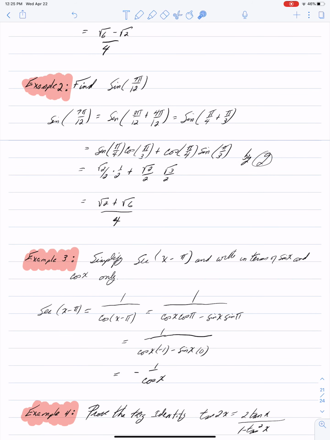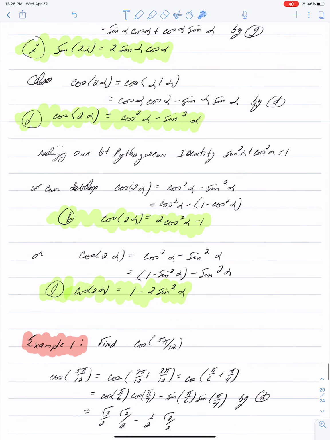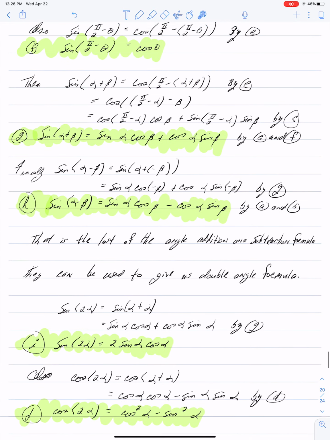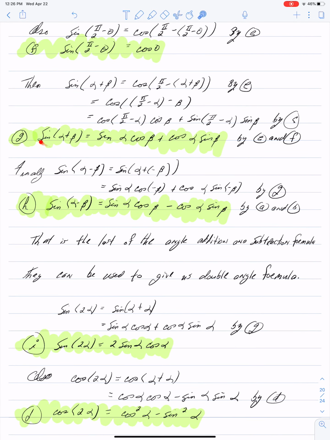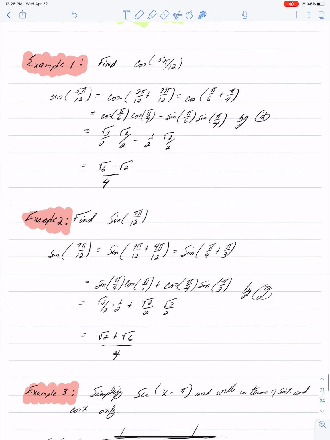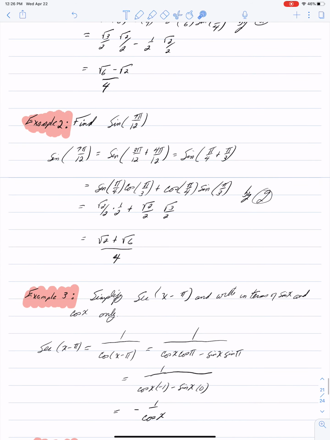So now I can use the angle addition formula for the sine. That was G. If you go up to G, sine of alpha plus beta is sine alpha cosine beta add cosine alpha sine beta. So here we go.